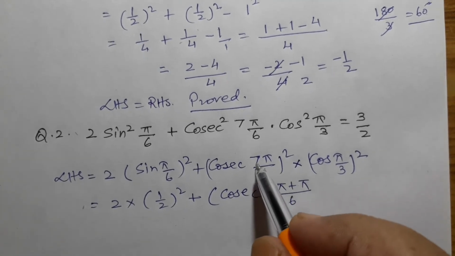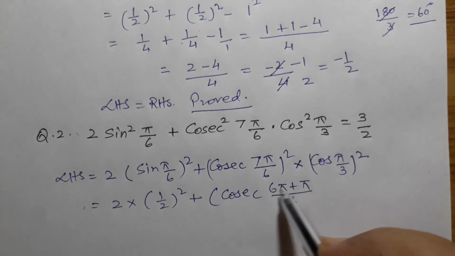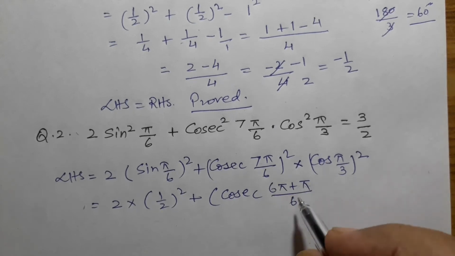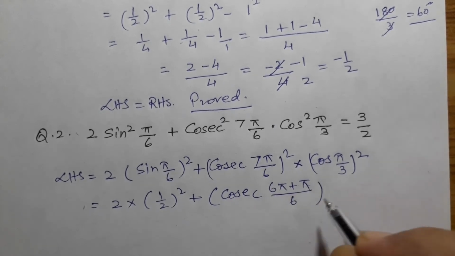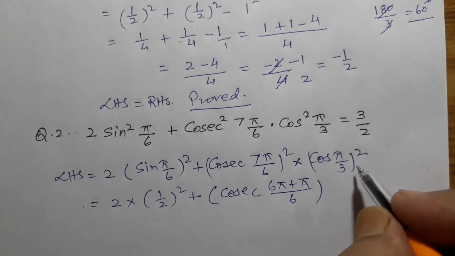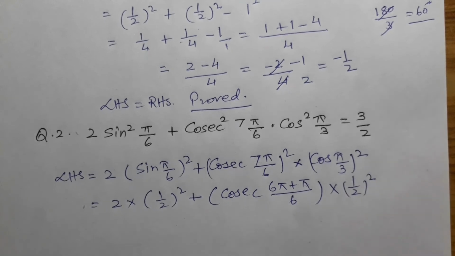At the place of 7 pi we can write 6 pi plus pi. After adding this, it becomes 7 pi, 6 is here, and cos pi by 3 is equal to 1 by 2. So it will be multiplied 1 by 2 square, right?